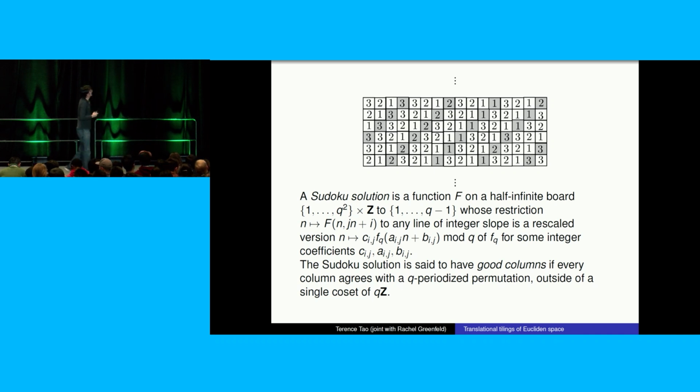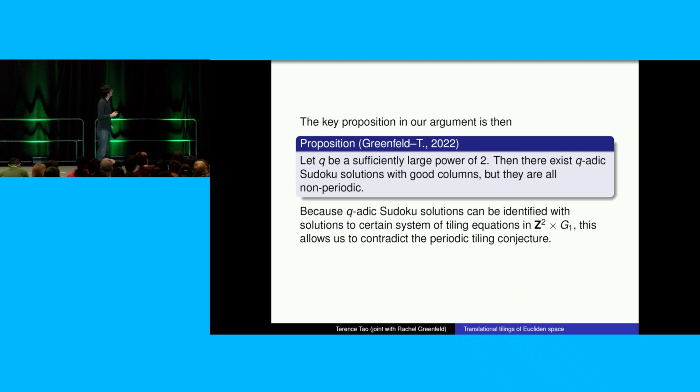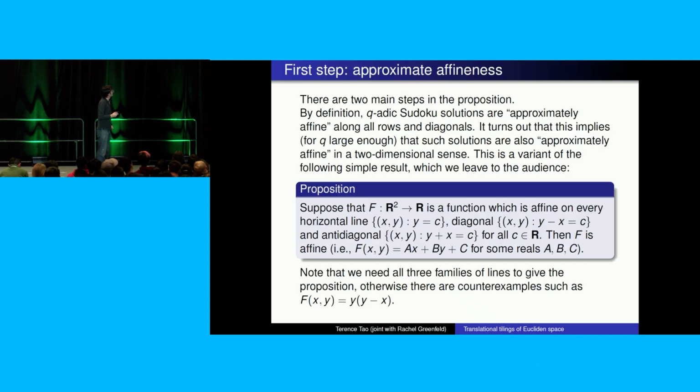And so you can create these non-periodic Sudoku puzzles, and using this tiling language we talked about, it's possible to convert this problem into a very complicated tiling equation, and this is how we disprove the periodic tiling conjecture.